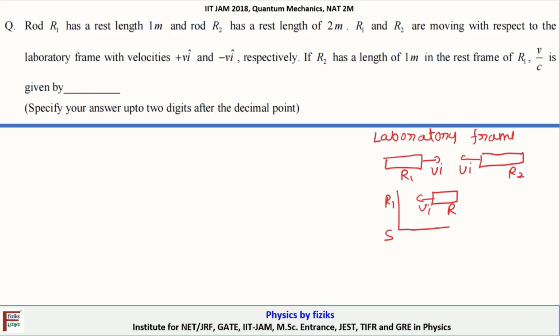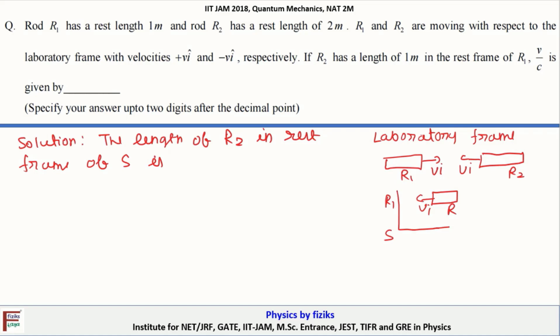In this frame, the length of R2 is 1 meter. So the length of R2 in rest frame of S is 1 meter.